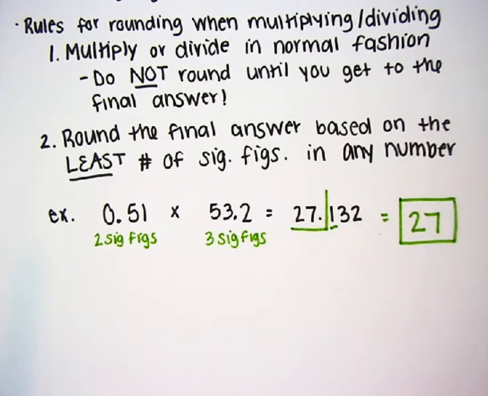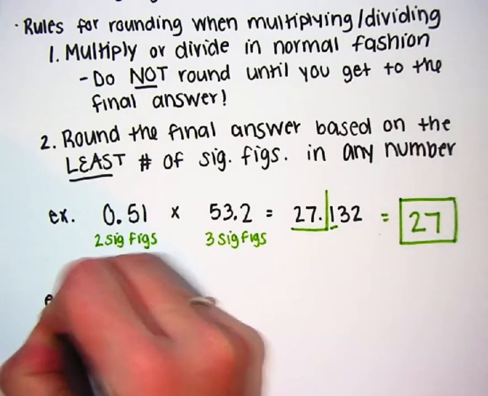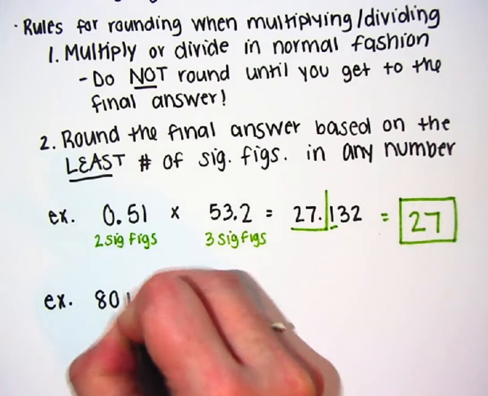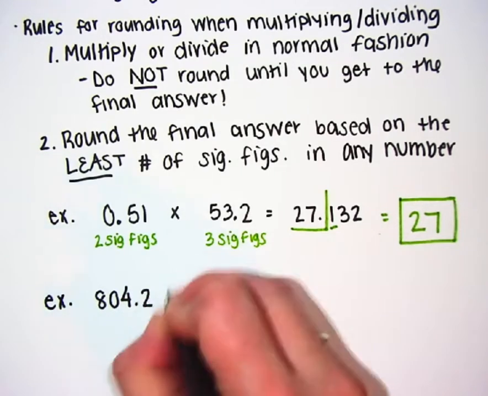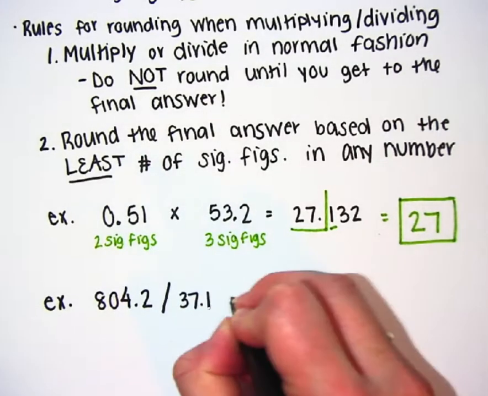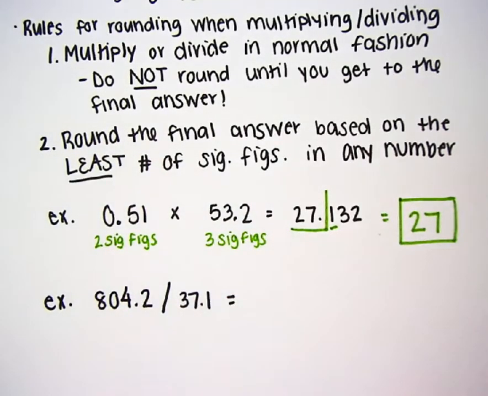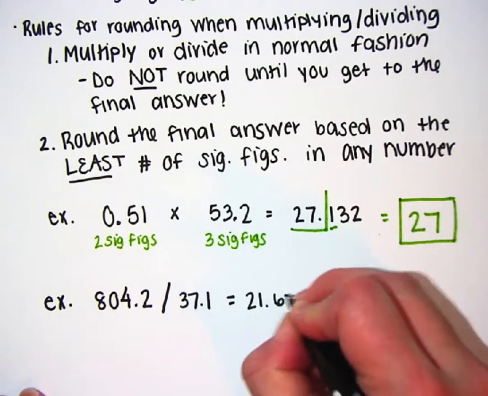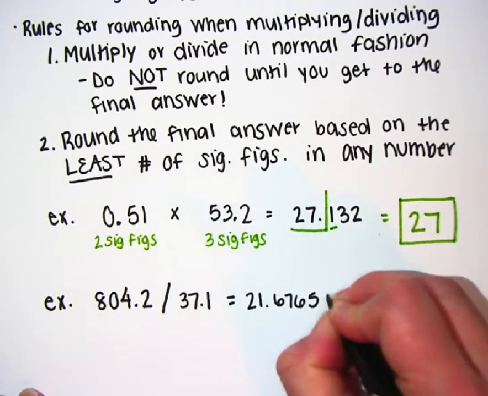Let's try another one. Let's say we did 804.2 divided by 37.1. And when we put this in our calculator, we get a really long answer with a whole bunch of digits.